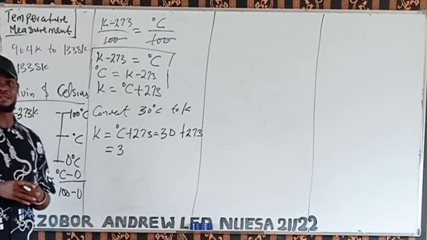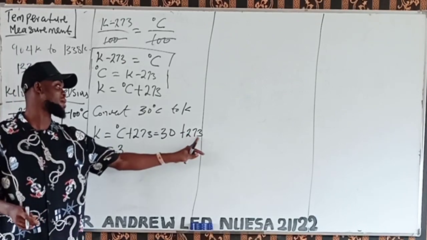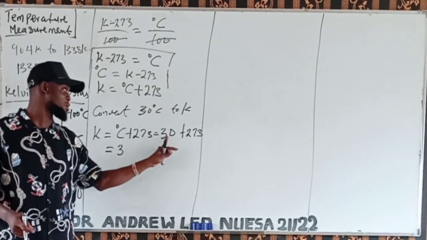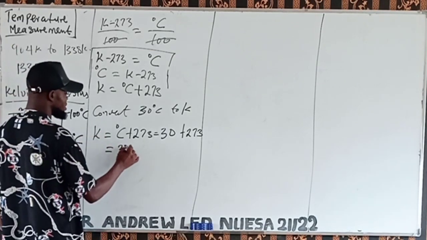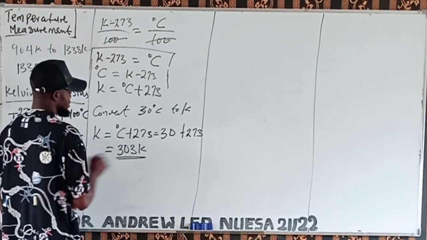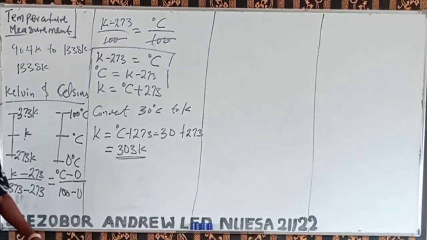Remember, you can do round figure mathematics: 270 plus 30 gives us 300, and 300 plus 3 gives us 303 Kelvin. That's what I'm going to have.